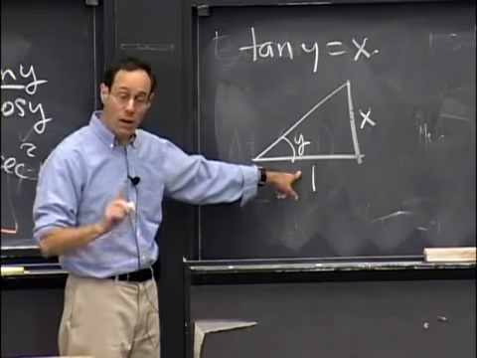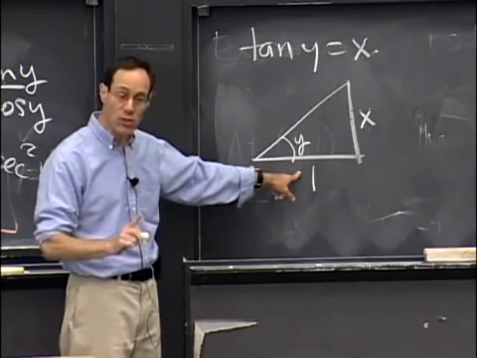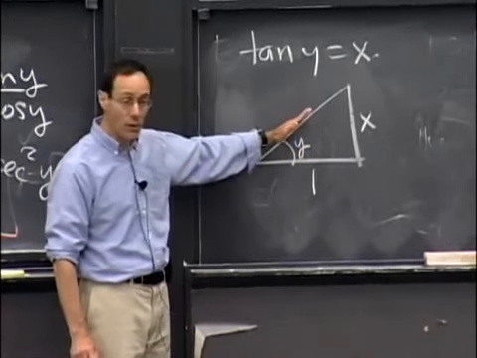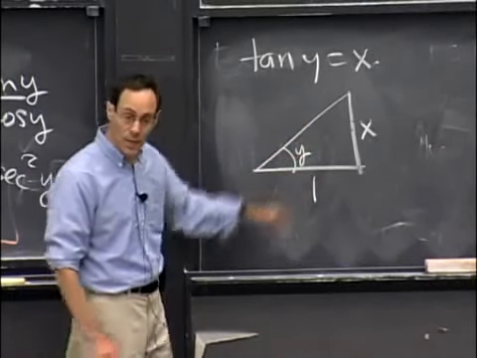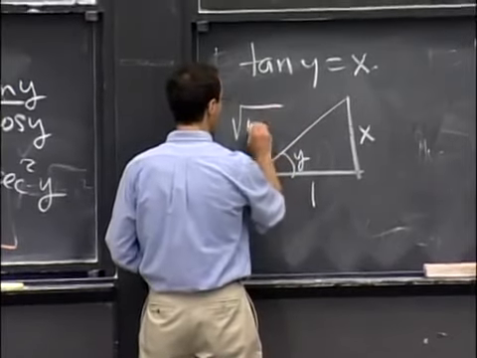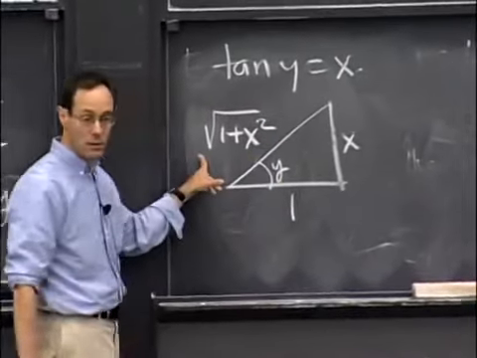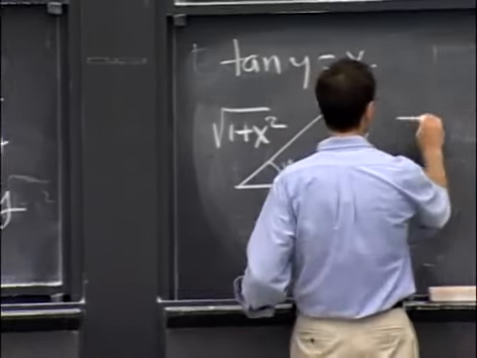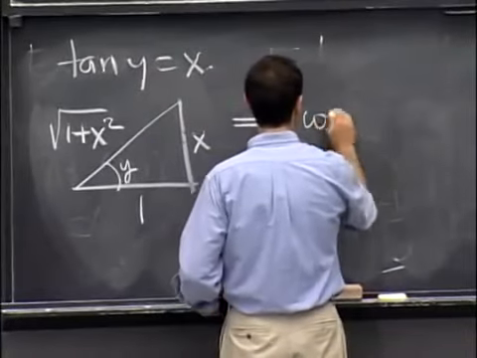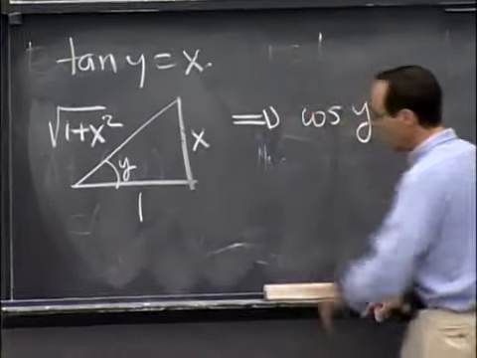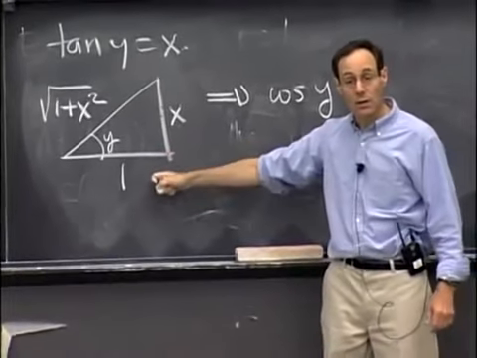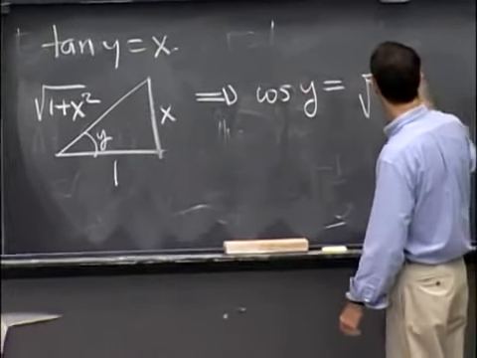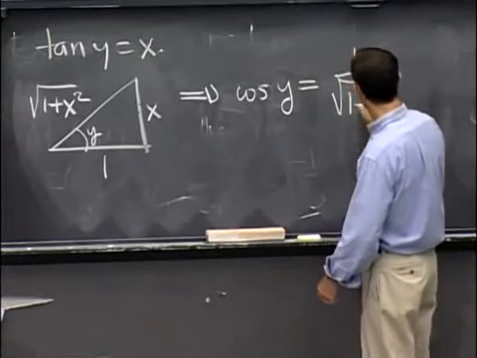And now, all I have to do is figure out what the cosine of y is in this right triangle here. In order to do that, I need to figure out what the hypotenuse is. But that's just the square root of 1 plus x squared. And now I can read off what the cosine of y is. So the cosine of y is 1 divided by the hypotenuse. So it's 1 over the square root of 1 plus x squared.